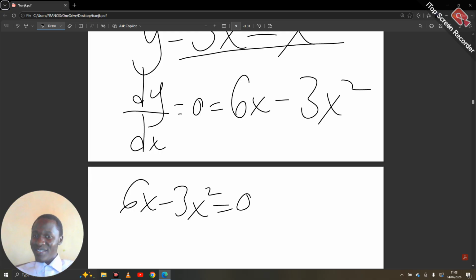Now remember, this is where I want you to be a good student, someone highly thinking. This is a quadratic, and different types of students will tackle this question and come up with different answers. Some will be wrong, obviously, some will be right.